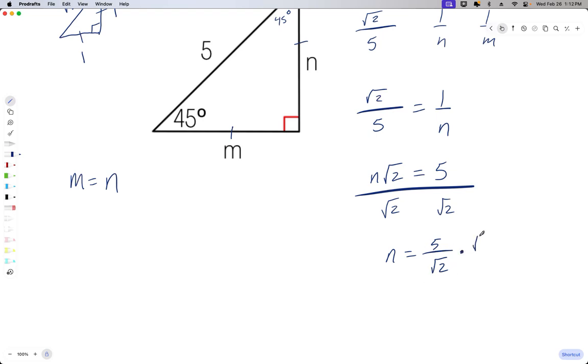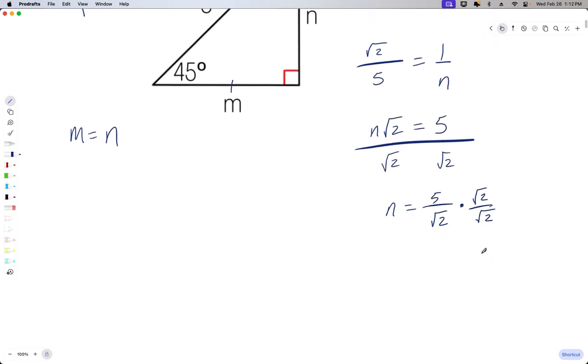So we multiply both sides of the fraction, not sides of the equation, by square root of 2 to rationalize it. n is equal to 5 times the square root of 2 over 2.